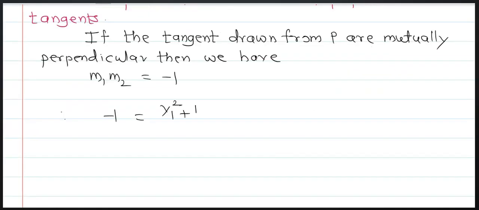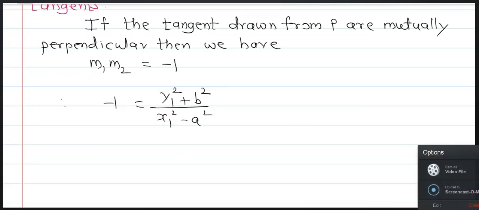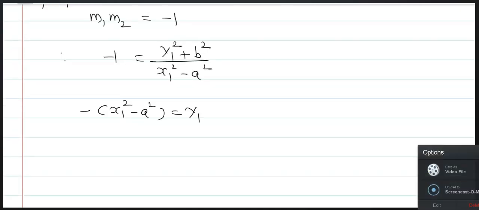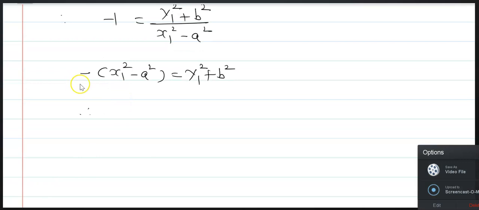That is, minus 1 is equal to (y1 square plus b square) upon (x1 square minus a square), and if you simplify this, then you will get minus (x1 square minus a square) is equal to y1 square plus b square.